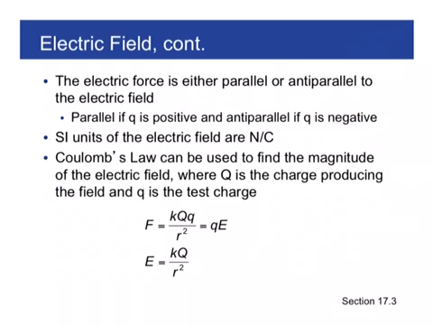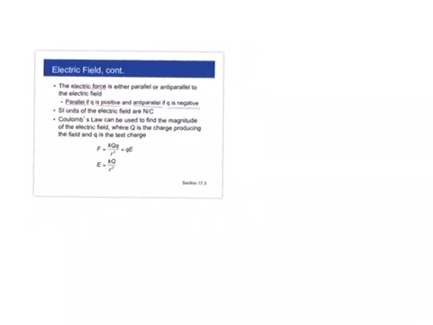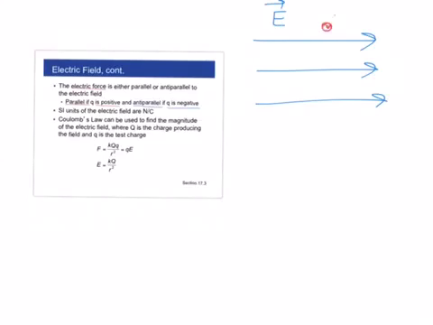The electric force that the charge is going to experience in an electric field is going to be either parallel to the electric field lines if the charge is positive, or in the opposite direction if Q is negative. So we can look at it this way. If these are electric field lines and we place a positive charge, then the force this charge is experiencing is going to go this way.